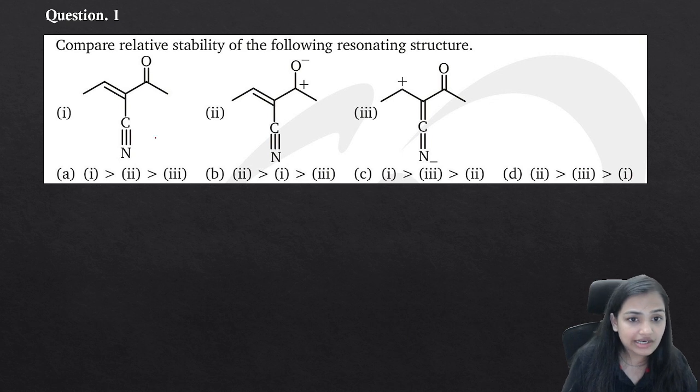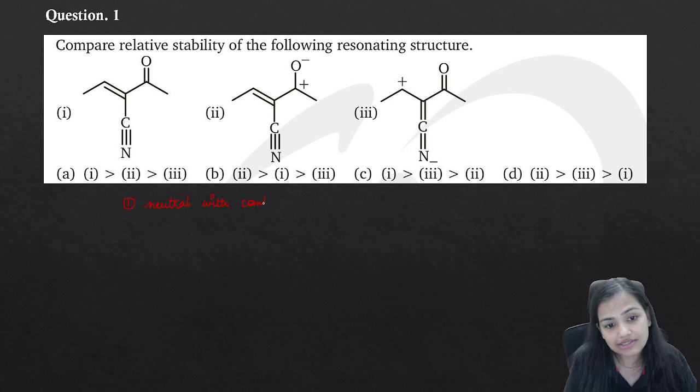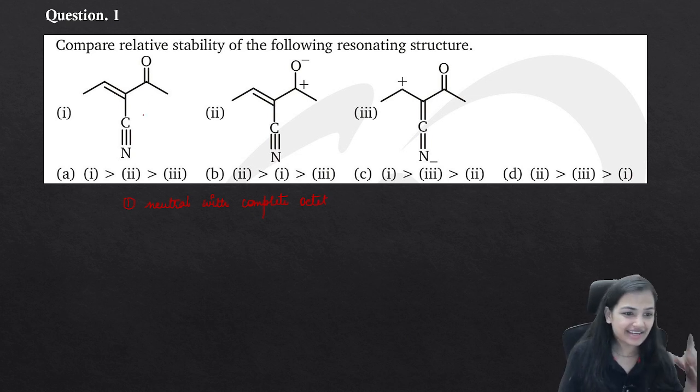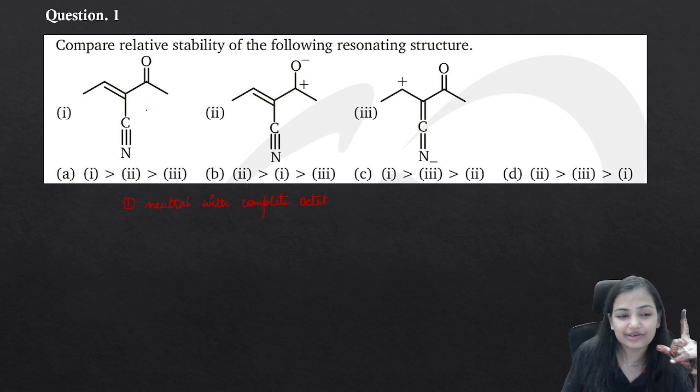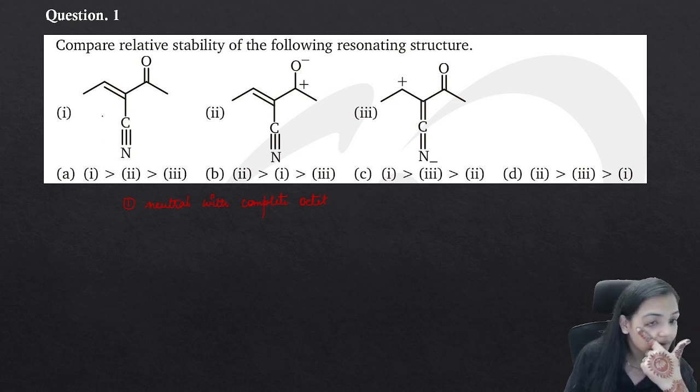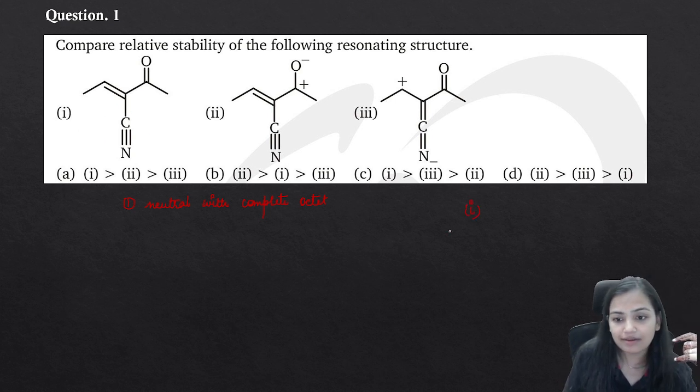Our first point says neutral with a complete octet. So find it. Do we have any structure which is neutral and its octet is complete? Yes, I can see it in option number 1.